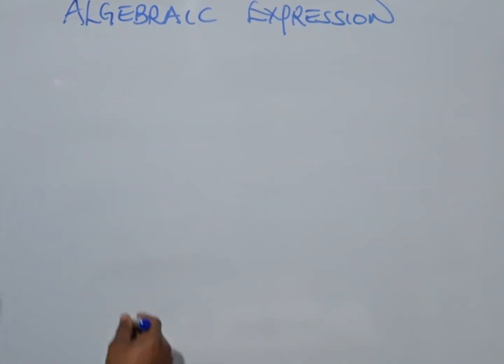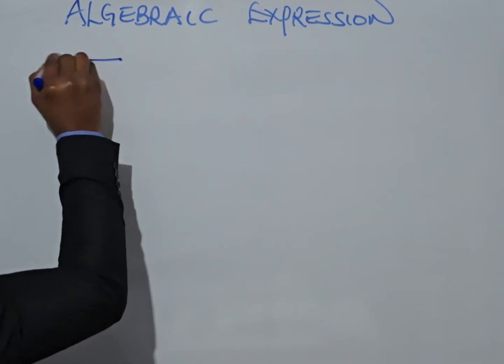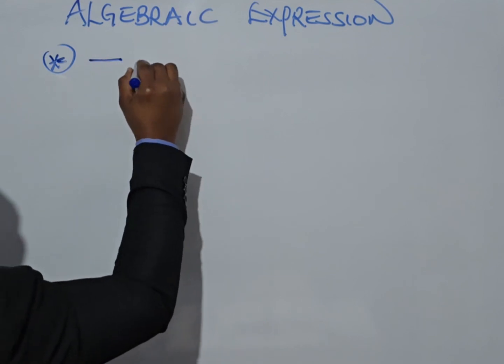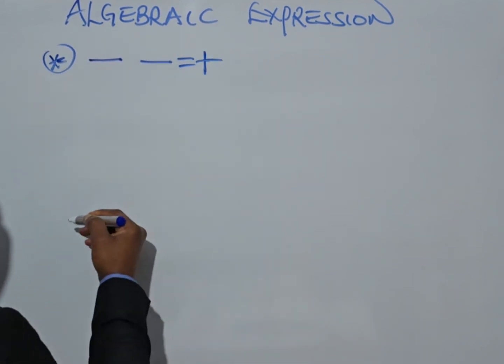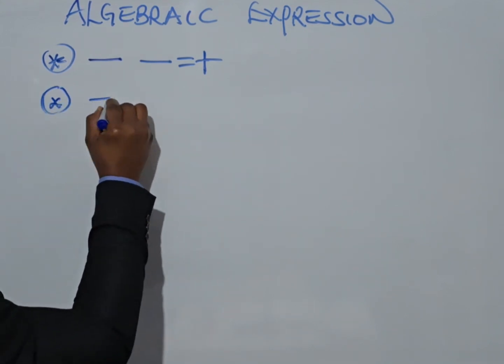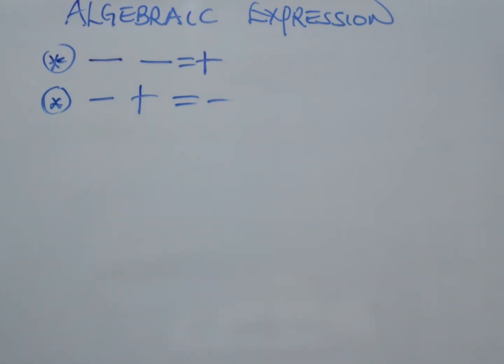For example, where we have minus minus, we're told that the answer is what? Plus. We were told when we were coming up that minus plus or plus minus equal to minus. But how does this work?